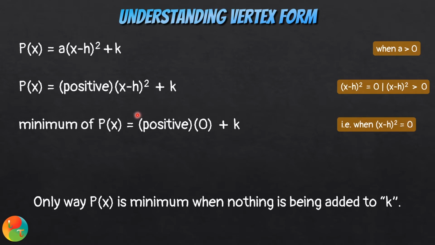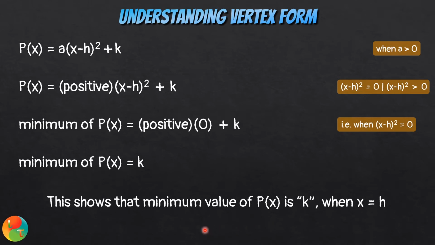Now suppose x minus h whole square was not equal to 0, implying that it would be a positive term, then we would be adding some term to k, and that will not be the minimum value of p of x. So the only way p of x is minimum is when nothing is being added to k, and that is only when x minus h whole square is equal to 0. This shows that the minimum value of p of x is k when x is equal to h.